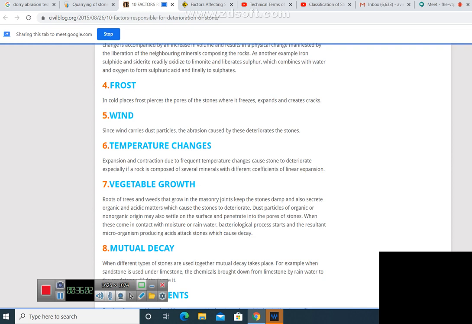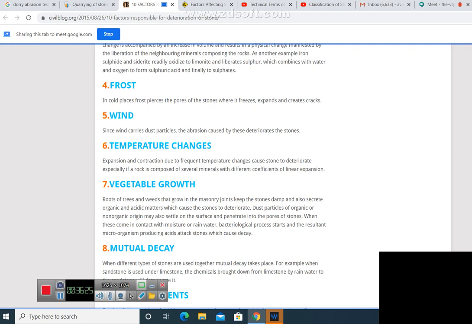This frequent expansion and contraction will lead to the deterioration of stones, especially due to sudden volume changes. If there is expansion, the volume will increase considerably. Again, it will contract, meaning there will be a reduction of volume.